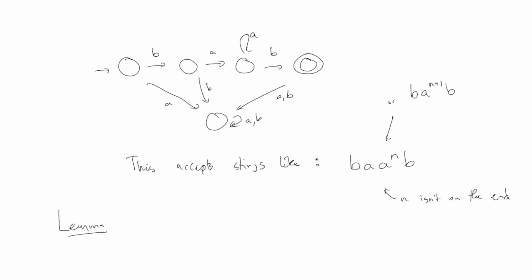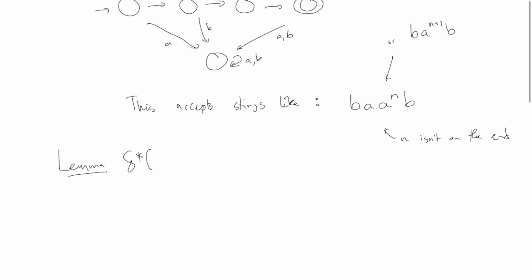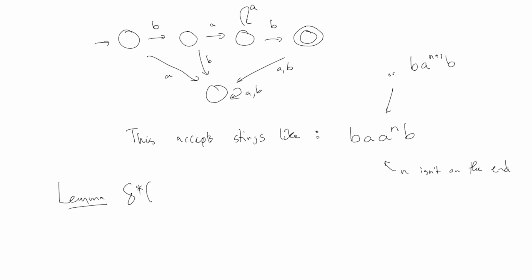If the n were all the way on the left or all the way on the right, then this lemma would not be necessary. But what am I going to prove in the lemma? It should be something about what happens if I start in the starting state. I'll call the starting state S. I should give names to these states.